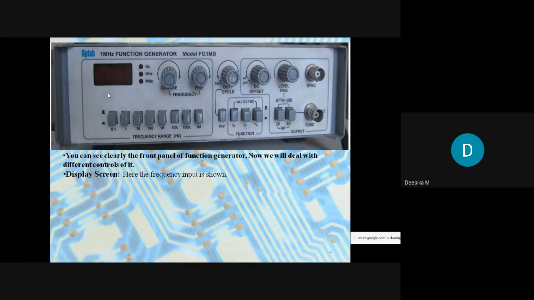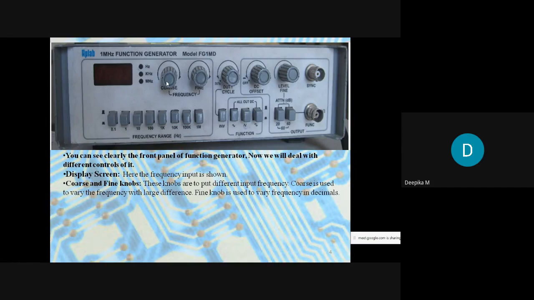The function generator consists of, first, a display screen. This display screen is used to display the frequency which we have selected. Then we have the coarse and fine knobs. The coarse adjustment knob is used to vary the frequency in terms of large differences, for example if you want to vary from 20 to 25 or 25 to 30.